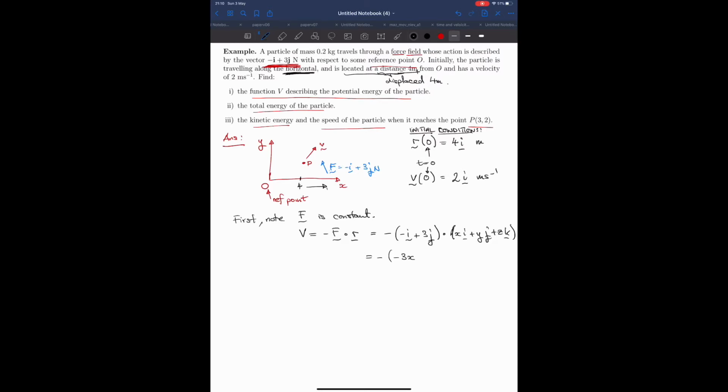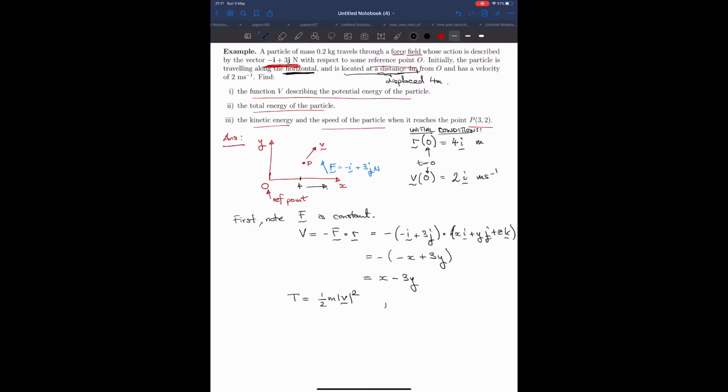And this has no k component, so I don't have to worry about the dot product with this k component. So what I will have to do is dot the j's, so 3y. Sorry, I got the numbers wrong. It's this. So in other words, this is our potential energy. Of course, T is just 1/2 m modulus of v squared.